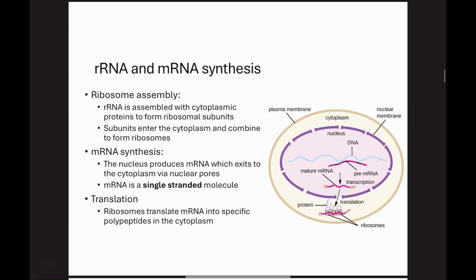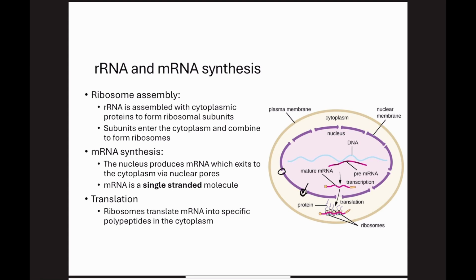Once it moves into the nucleoplasm, it's going to interact with cytoplasmic proteins that were able to enter through these nuclear pores. It's going to form a combination of two ribosomal subunits, a large and a small subunit. Those subunits are going to exit out of the nucleus through our nuclear pores. And later, those subunits are going to combine and form functional ribosomes when the two subunits come together.